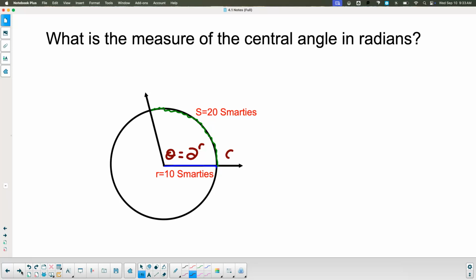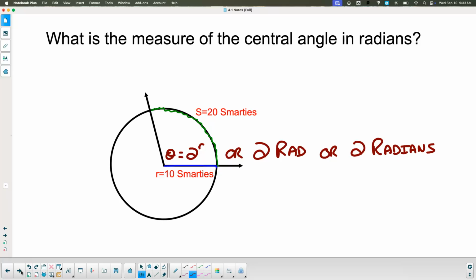Or you could write it as 2 rad. Or you could write it as 2 radians. What can't you write it as? I can't just write it as 2, because I don't know what 2 is then.